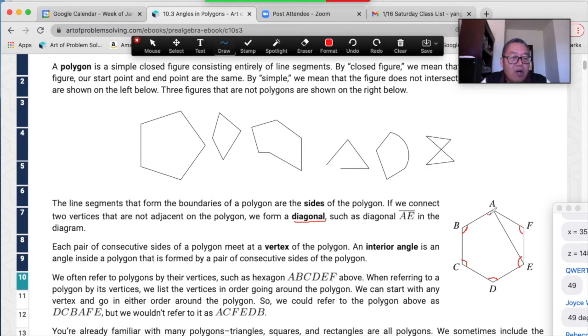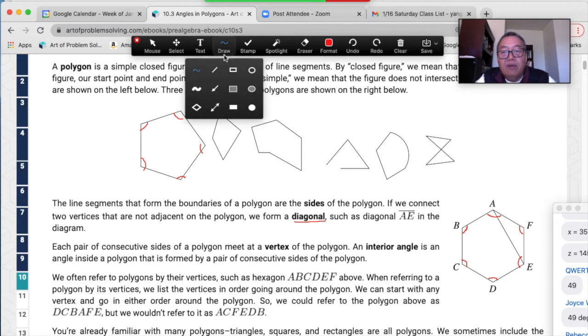We call these interior angles because they are inside of this hexagon. Then this pentagon will also form 5 interior angles. So the question is, what is the sum of these interior angles?